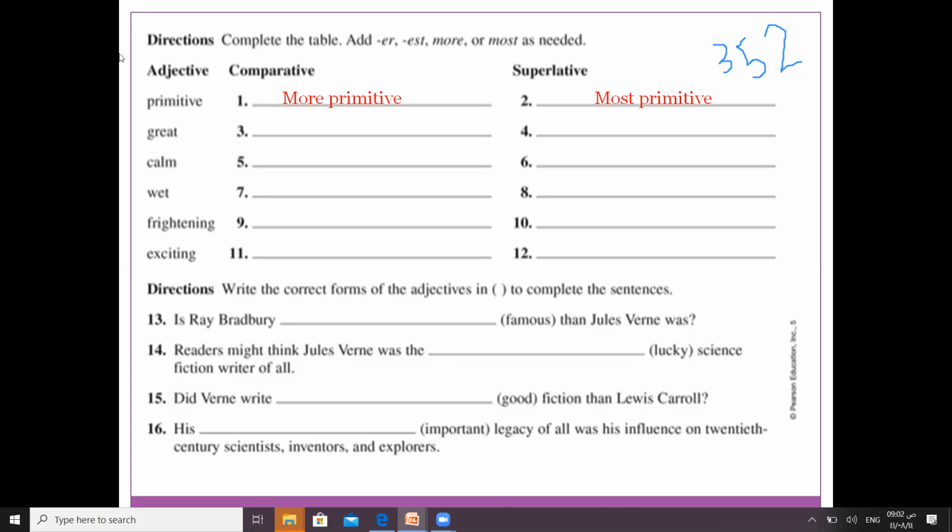And now, great. How will I change great in the comparative and superlative? More great is wrong, I got confused. Greater and greatest.